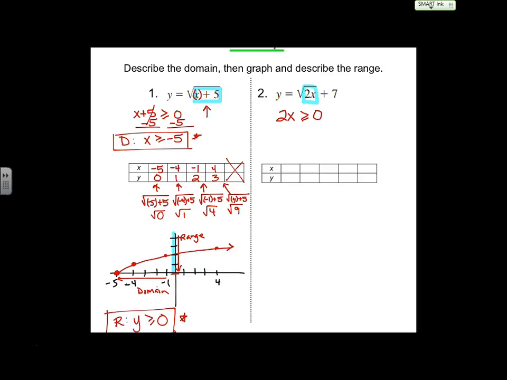So where you're going to start is 0, and 0 plus 7. Add 7 to 0.